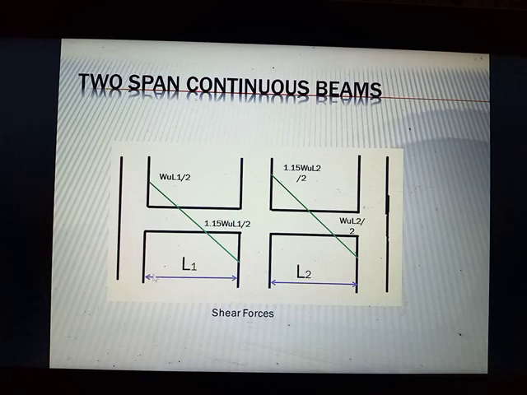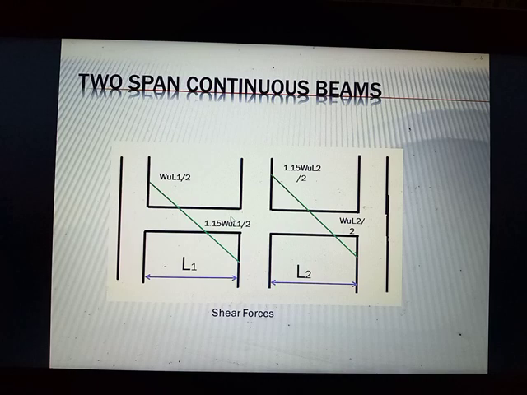But since we have L1 over L1 and L2 respectively, we use LN, we take LN as the span of the shear.